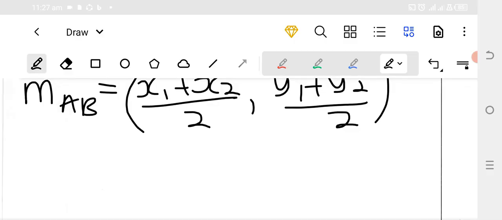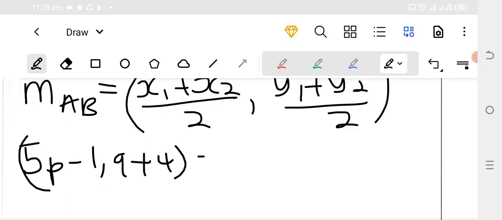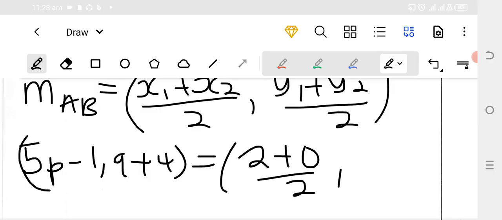The midpoint of AB, we have been told in the question, is (5P minus 1, Q plus 4), and that is equal to x sub 1. I'm going to pick my x coordinate from A, which is 2, plus the x coordinate from B, which is 0, divided by 2.